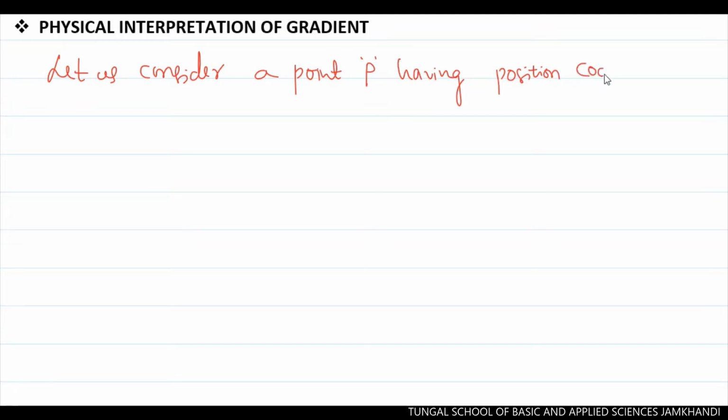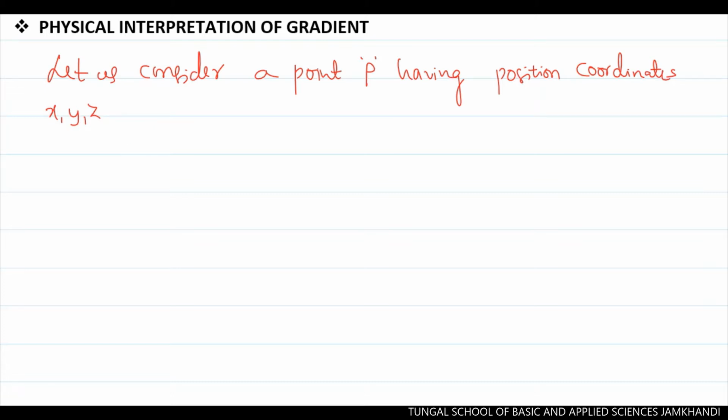So now let us consider a point P having position coordinates x, comma, y, comma, z in a particular Cartesian coordinate system.